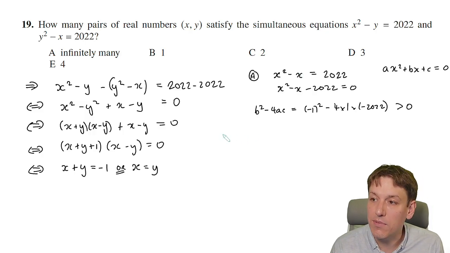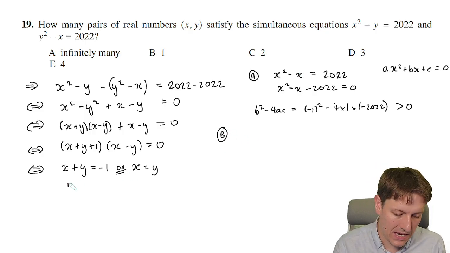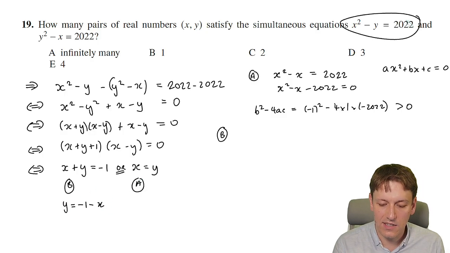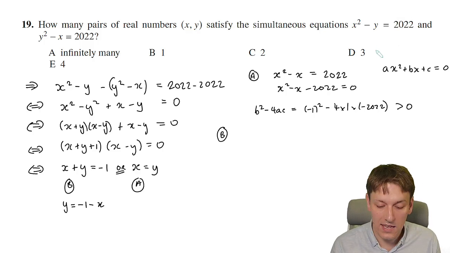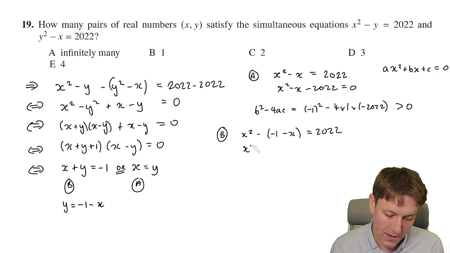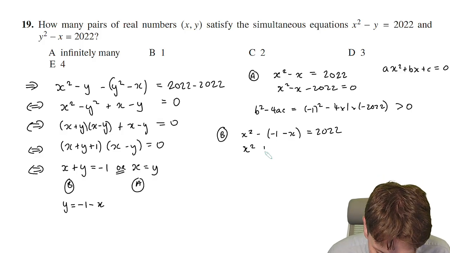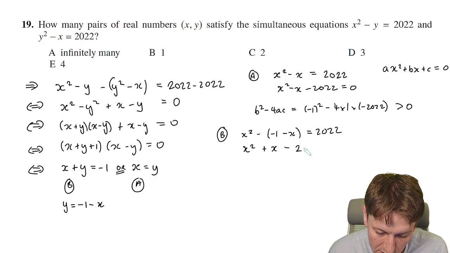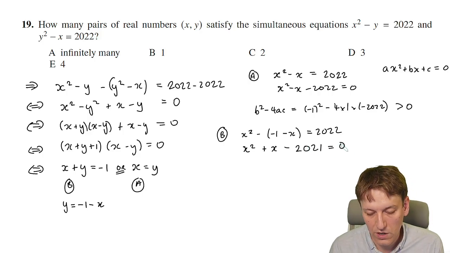And then if you do the same thing with case b, right, let's call this one b and this one a. Right, well this time I'm going to do something like putting in y equals minus 1 minus x. Let's substitute that in here, and I get x squared minus minus 1 minus x equals 2022. So that's x squared plus x plus 1 minus 2022, so minus 2021 is 0.